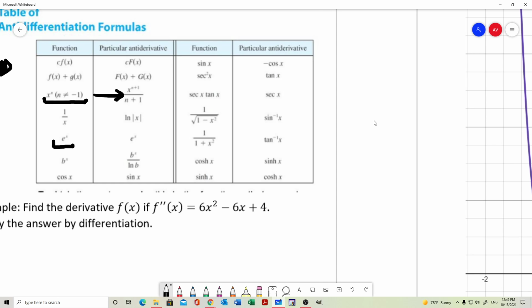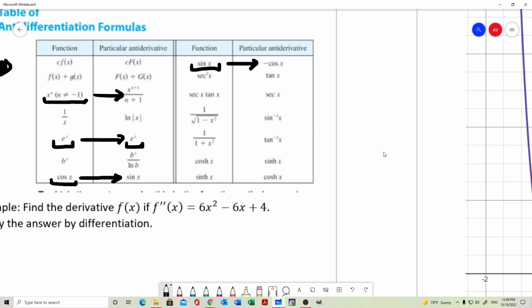If the original function is an exponential, then the same function will be the antiderivative. For a cosine function, antiderivative will be sine, and for the sine function, antiderivative will be minus cosine.